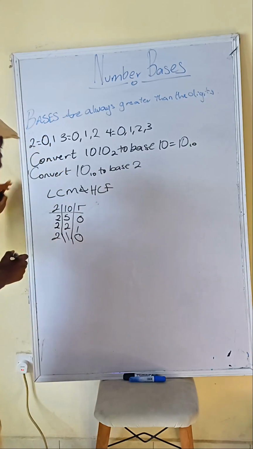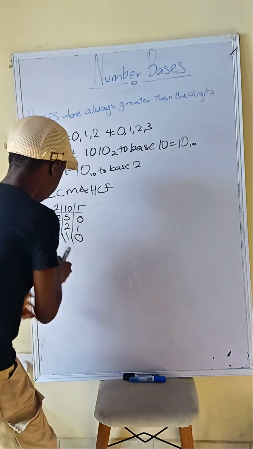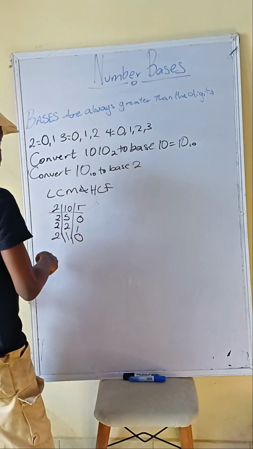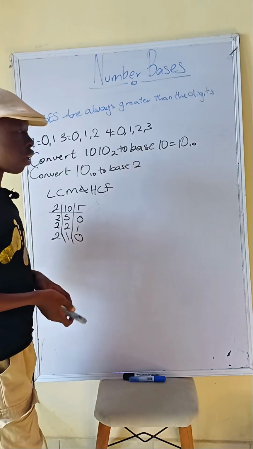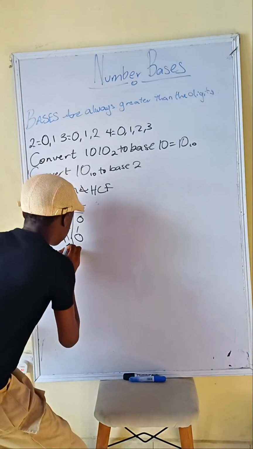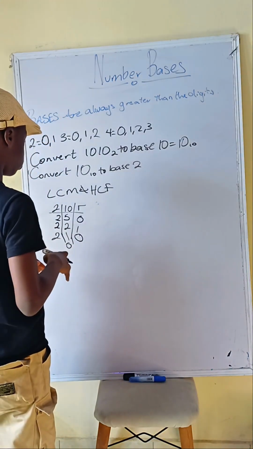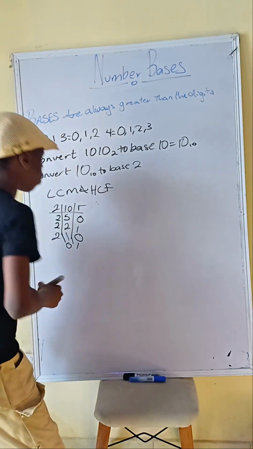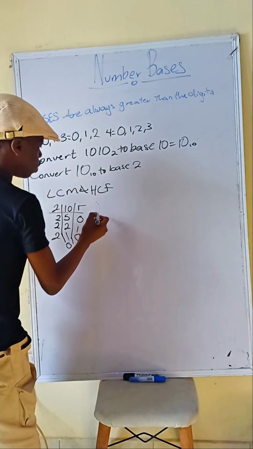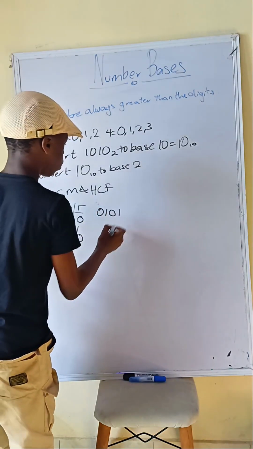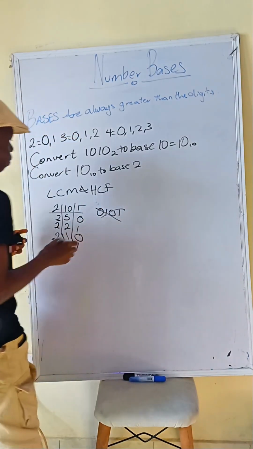So when we had this, 1 can't divide 2 because 2 is greater than 1. So we put a 0, and since the 1 remained untouched, we're going to put back our 1. So the answer is 0, 1, 0, 1. Wrong.